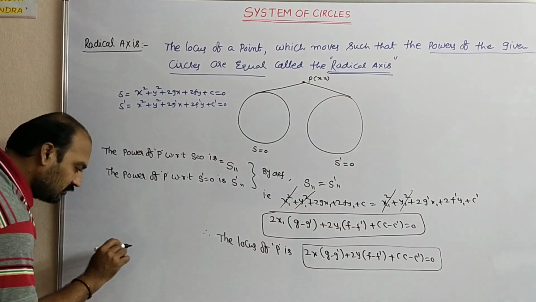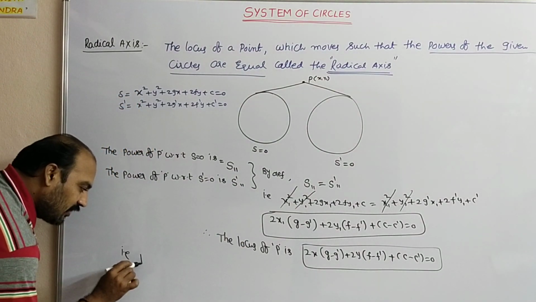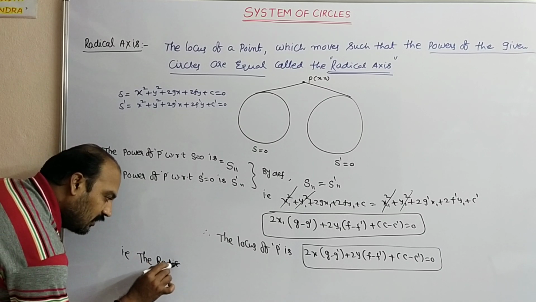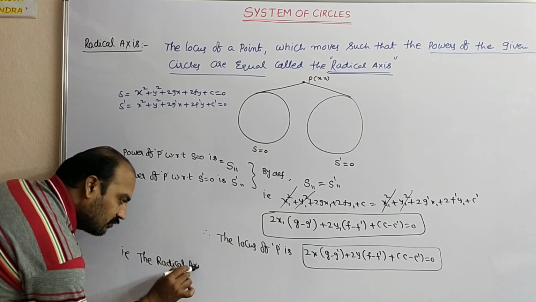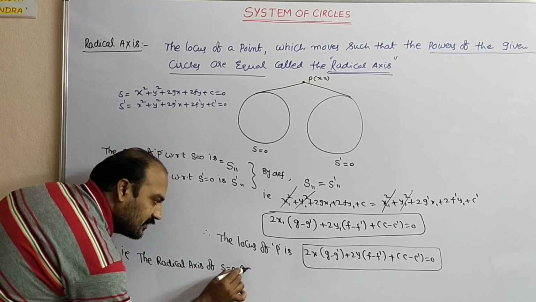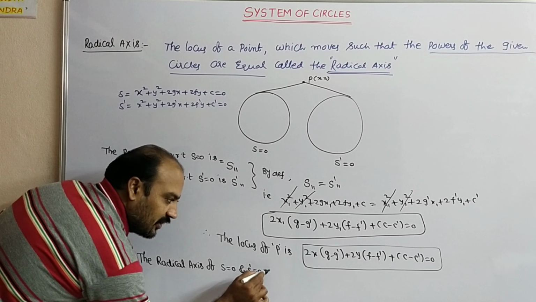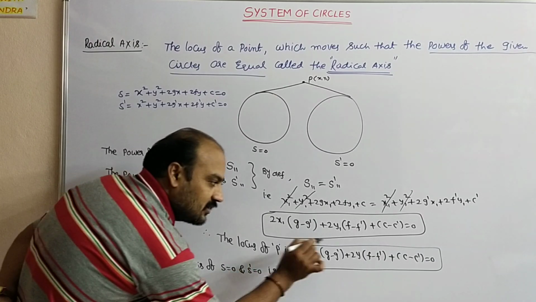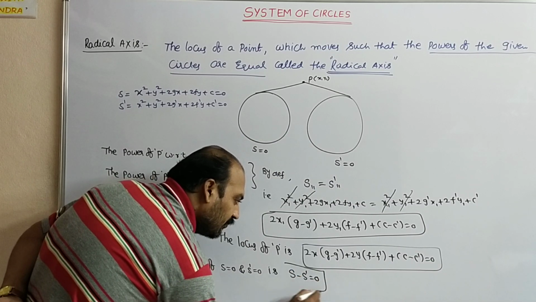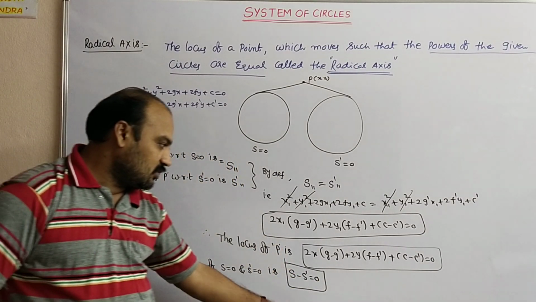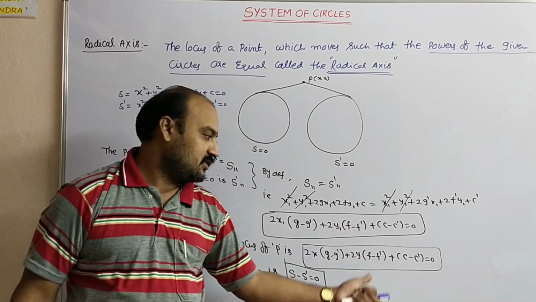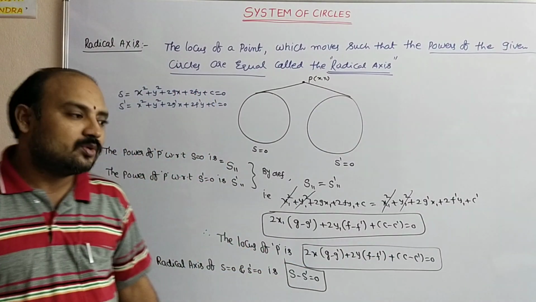Now onwards you remember, the radical axis of s equal to 0 and s dash equal to 0 can be found by another formula, s minus s dash equal to 0, or 2x into g minus g dash plus 2y into f minus f dash plus c minus c dash equal to 0.